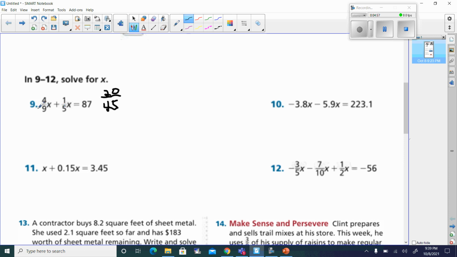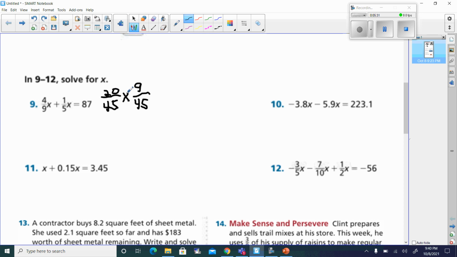So now that we've established that this is 20 over 45, let's deal with this side. We multiplied 5 times 9, which gives us 45 as well. If I multiply the bottom by 9, I have to multiply the top by 9, and 1 times 9 is 9.